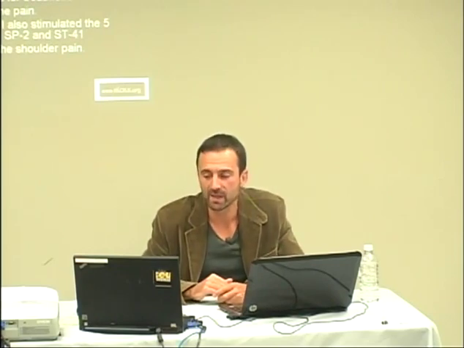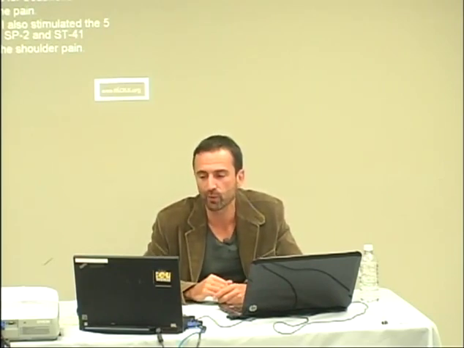This immediately relieved the shoulder pain. So we're talking about 4 points, 4 needles, because those points were not needled bilaterally. Only PC7 and triple warmer 10 on one side, and spleen 2 and stomach 41 on the other side.